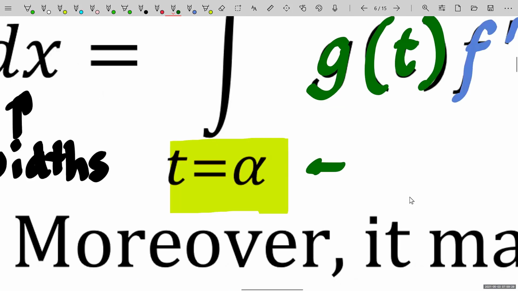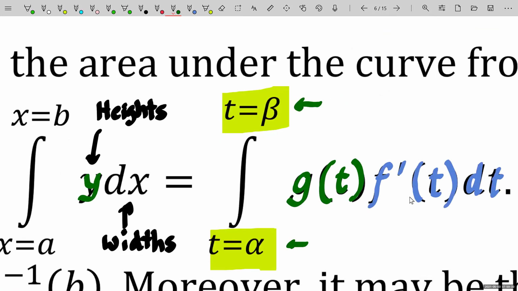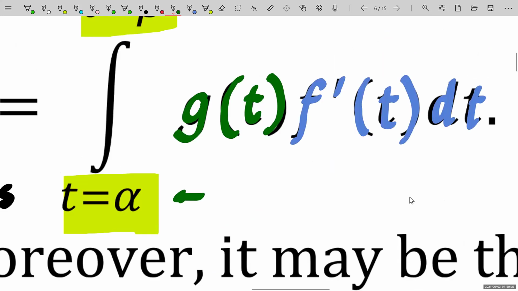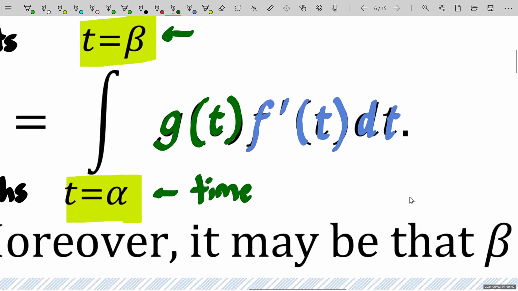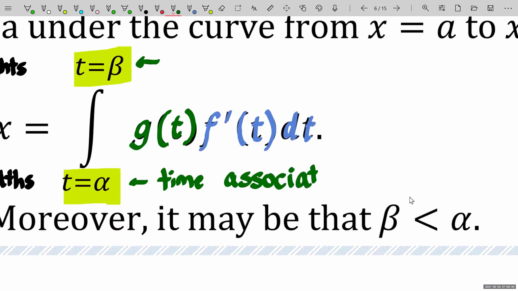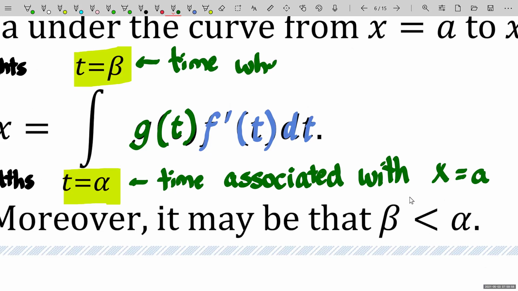And that time equals beta is the time associated with x equals b. And that's how I'm going to write it here at first. Time associated with x equaling a. Same thing up here. Time when x is equal to b.